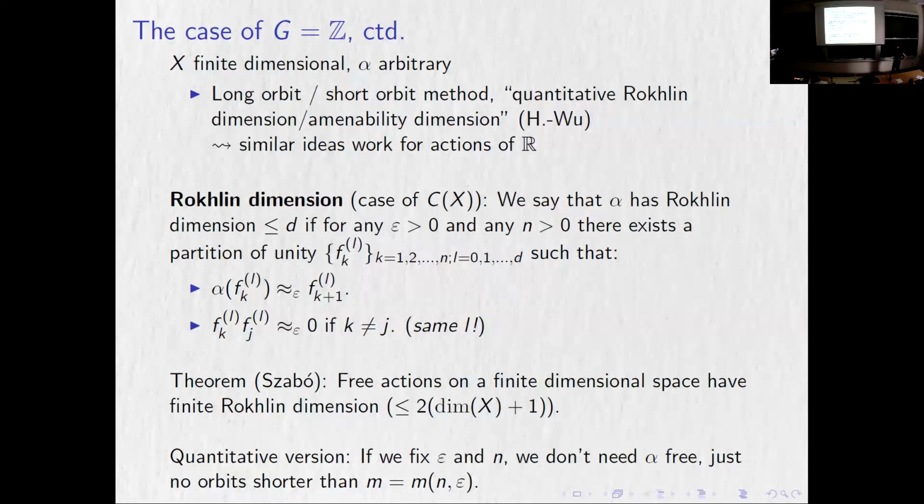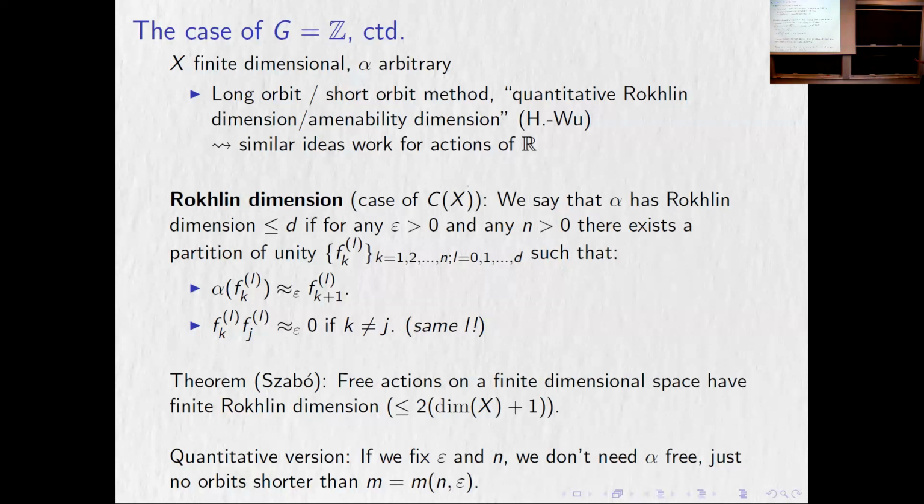So finite Rokhlin dimension means the following. Let's suppose I have my space. Let's think of this as being, let's say, the circle, and suppose my action here is some translation, an irrational rotation of the circle. So the Rokhlin property from ergodic theory means that you have a measure space, and I have an action, let's say, of the integers.